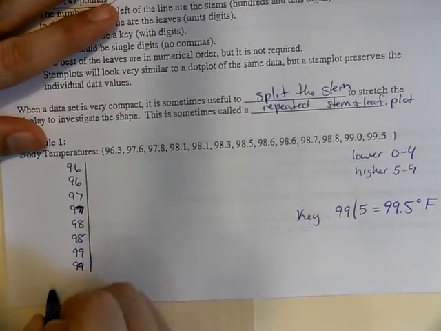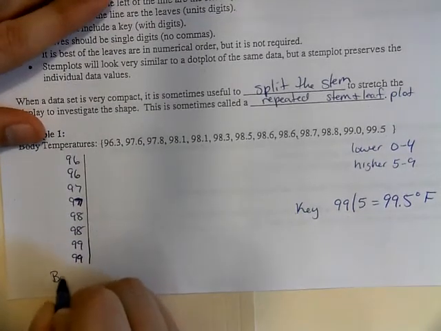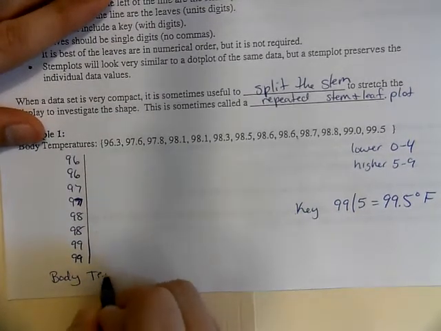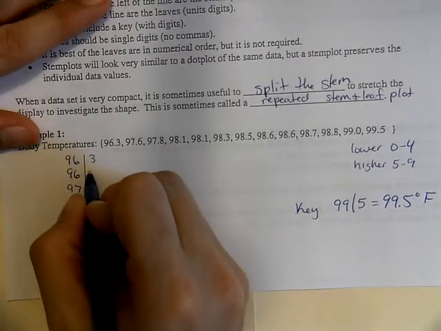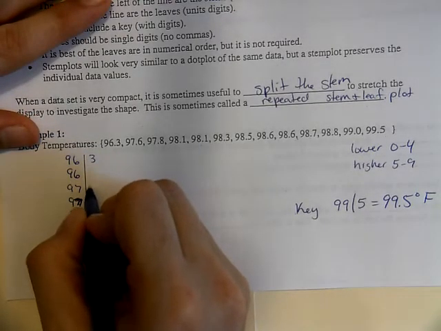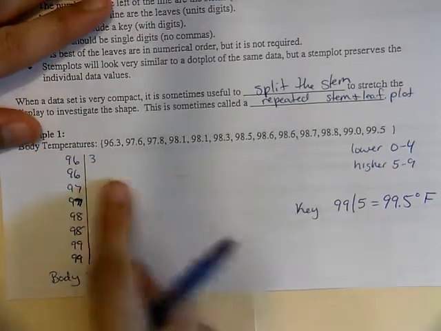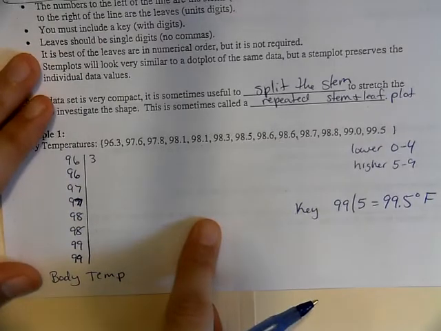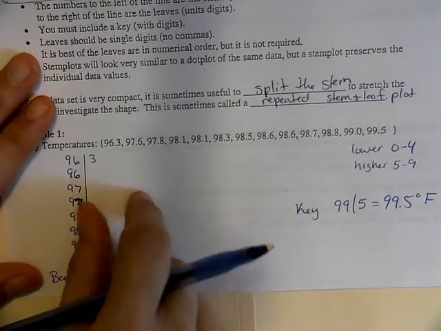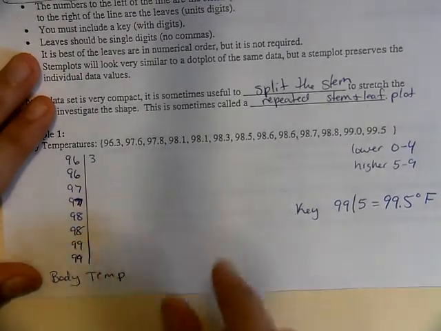If we had a title, we'll put it at the bottom. It's body temp. Then here I'd have 3, and then I'd skip. As you're doing the leaves, keep in mind to make sure they're evenly spaced, just like the dots. You don't want 3 numbers in the same space as 5 numbers.